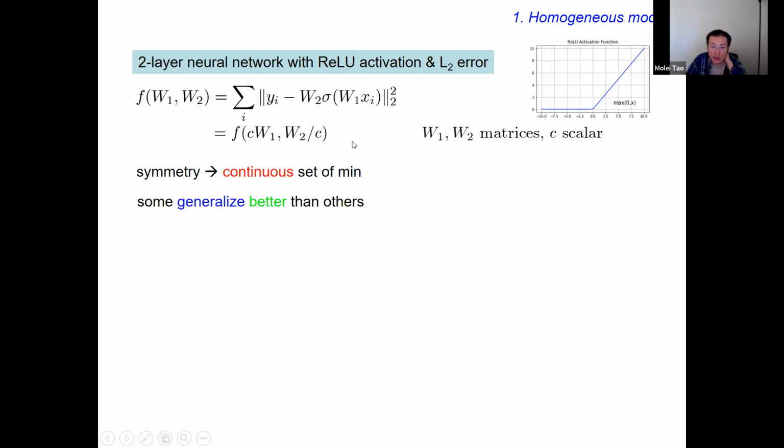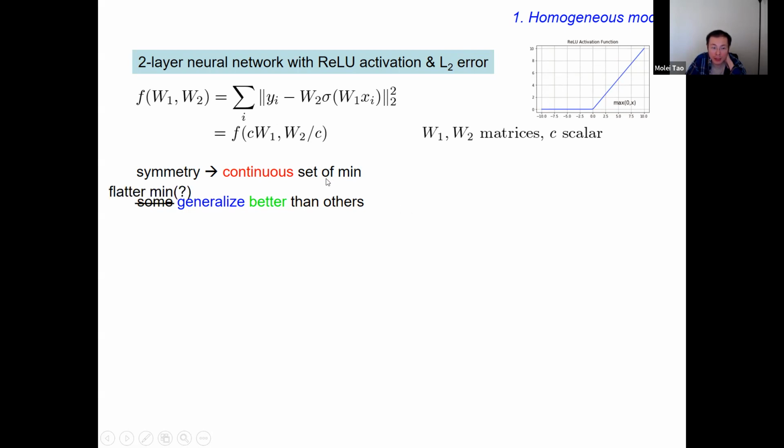So this is actually a symmetry, and this symmetry has a lot of profound consequences. For example, you have a set of continuous minimizers. Because if you give me a minimizer, I take a c close to 1, and then I can find an arbitrarily nearby minimizer. But among those minimizers, some generalize better than others.